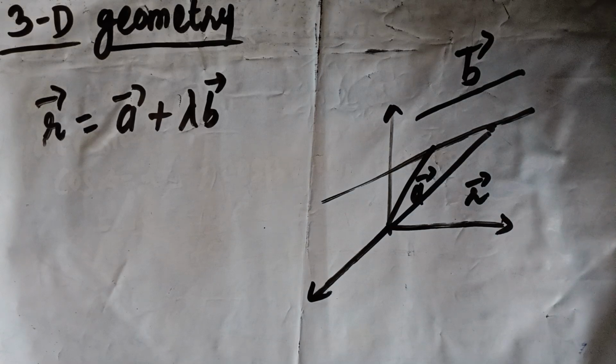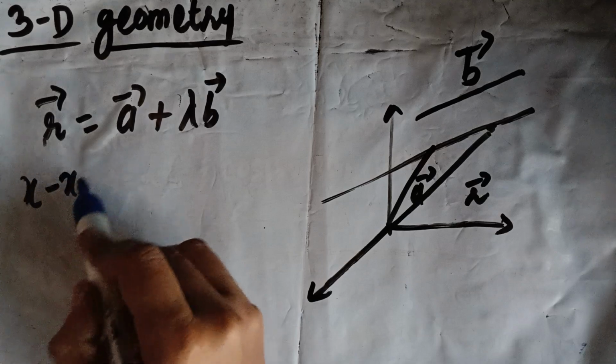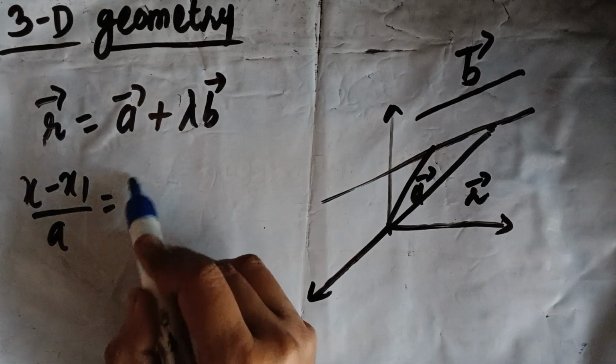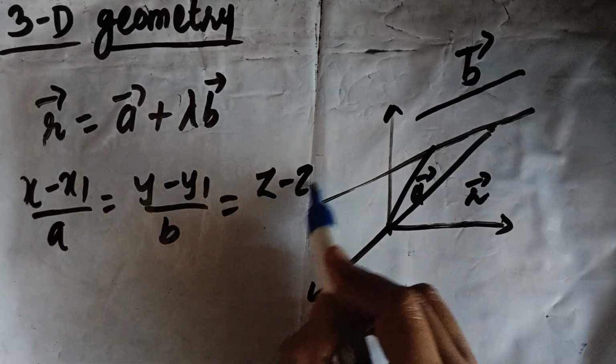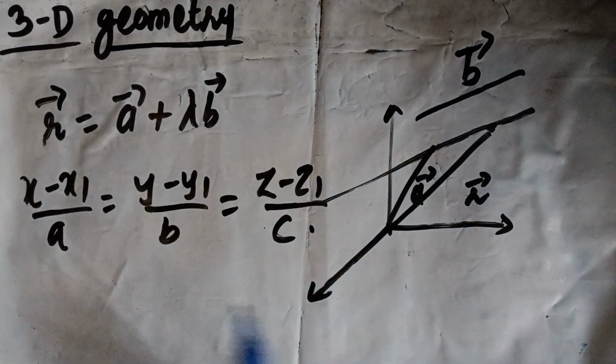In Cartesian form, it is given by x minus x1 upon a, y minus y1 upon b, z minus z1 upon c, where a, b, c are the direction ratios. Then we have the equation of a line passing through two given points.